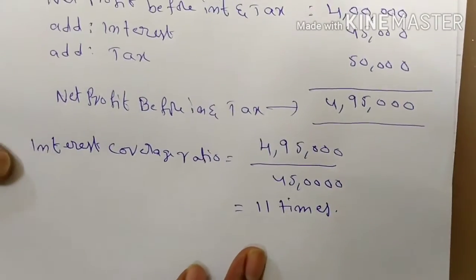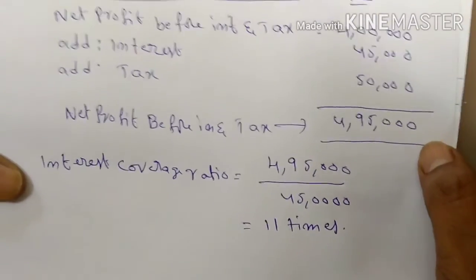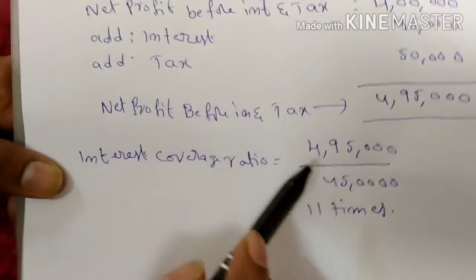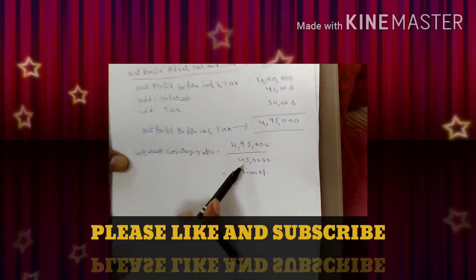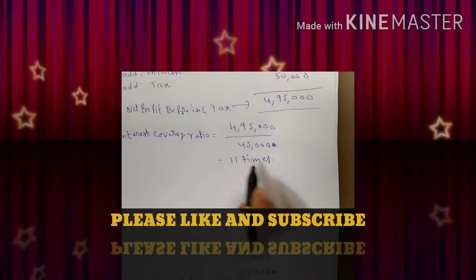It means the profit is 11 times more than the payable interest of 45,000 rupees.